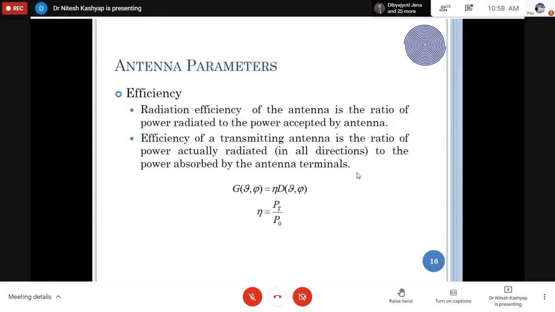That is why this is the multiplication factor of the directivity to express the gain, because input power is related here. Now the second definition: the efficiency of a transmitter antenna is the ratio of power actually radiated to the power absorbed by the antenna terminals.